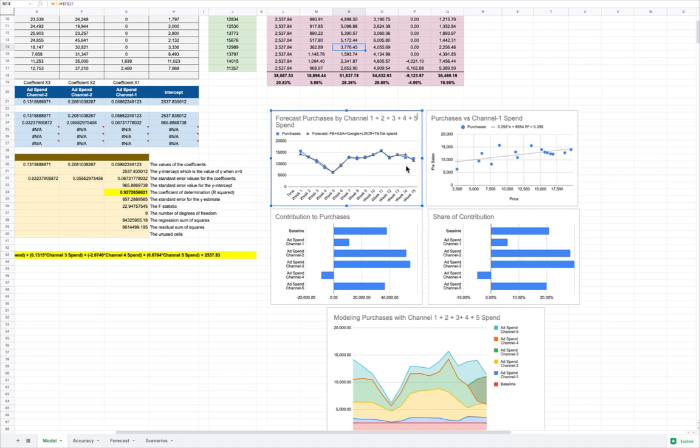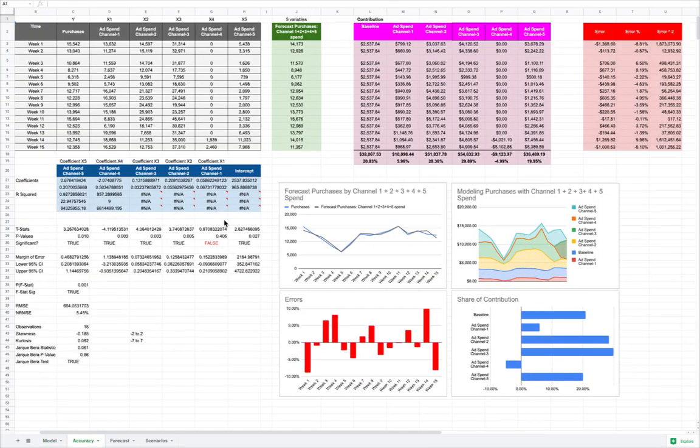In the graph here, we see that our purchase forecast line is quite in sync with the actual purchase line. We also see a lot of other statistical values that we may want to look at in detail, but here we want to be focusing on the error percent. We see that the error percentage is less than 10% on both sides, positive and negative.